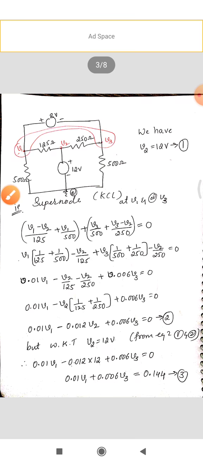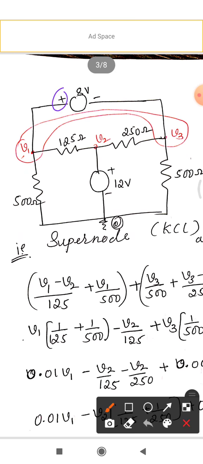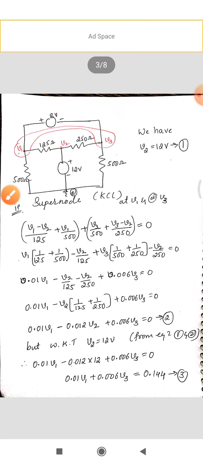Which side is positive, you take it as plus V1, and which side is negative, minus V3. Suppose if this one is negative and this is positive, then our equation would be minus V1 plus V3. I hope you have got how to write this equation.